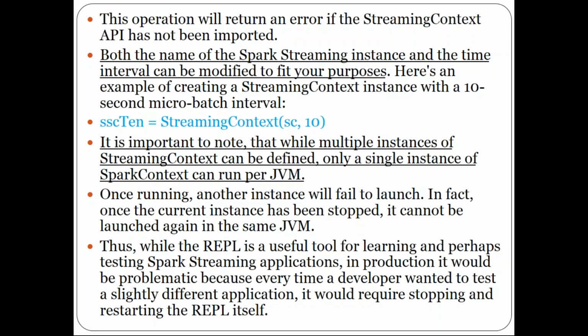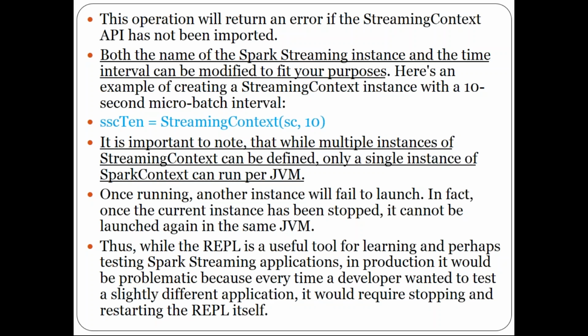However, only a single instance of Spark context can run per JVM. Your process will initiate one JVM, my process will create one JVM, our colleague's process will create one JVM. That is the reason why we say only one single instance of Spark context can run per JVM.